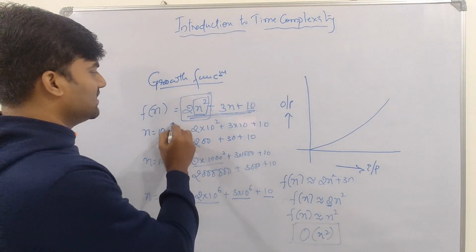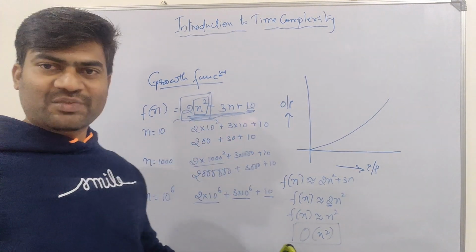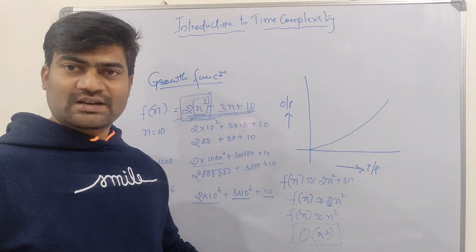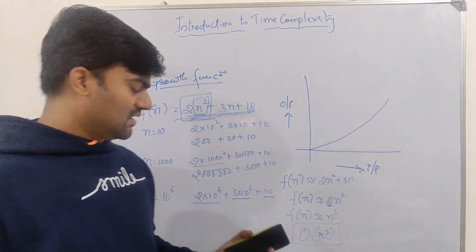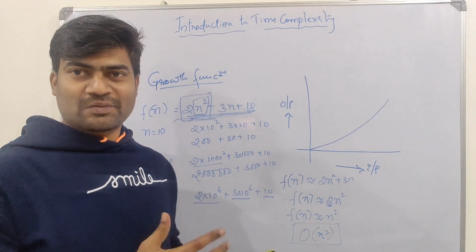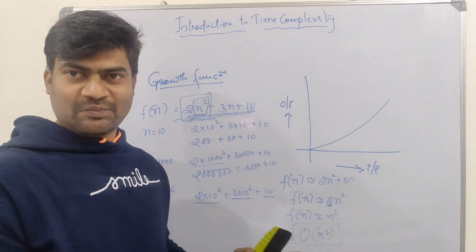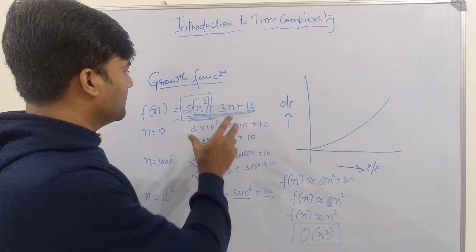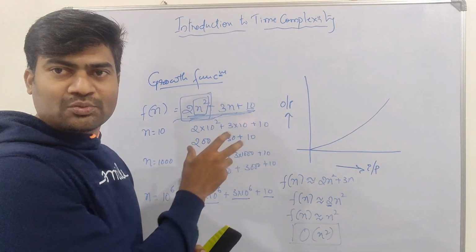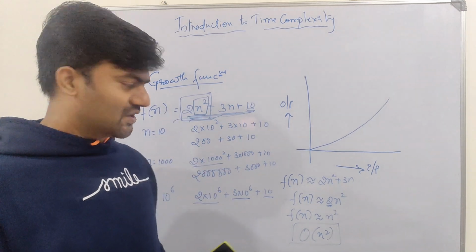So basically this entire term is represented in terms of order n square. Okay, so this is how we normally try to represent the contribution of a particular polynomial function in terms of big O notation.